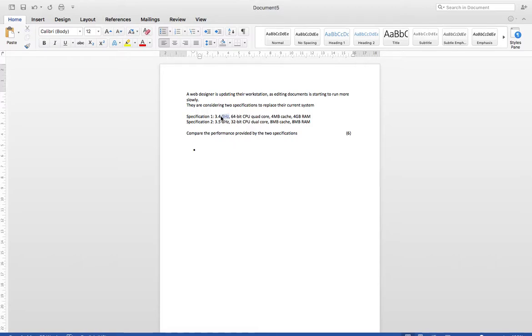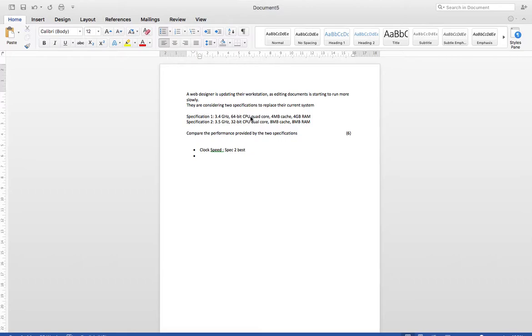I would take each of these features in turn and just highlight which one's actually better in each scenario and make sure that I've mentioned them all in my answer. So obviously if we compare them both just on clock speed, we can see that Spec 2 is the best.